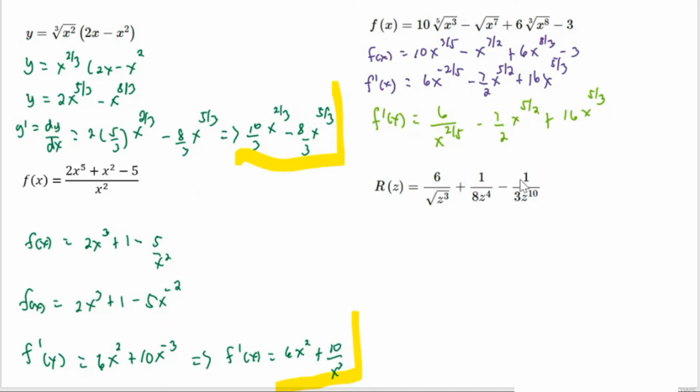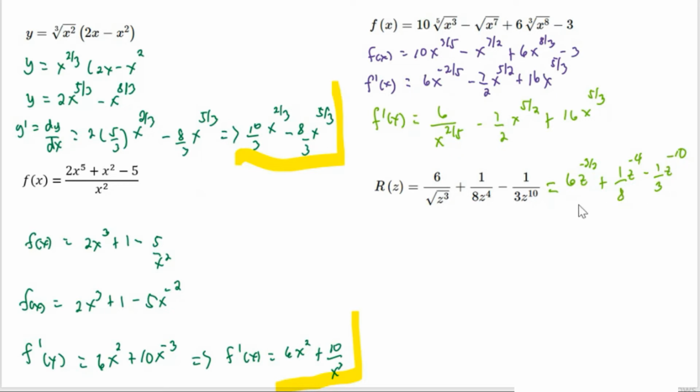So I can write this one will be equal to, we have 6z to the power of negative 3 halves plus we have 1 over 8 of z to the power of negative 4 minus 1 over 3 of z to the power of negative 10.